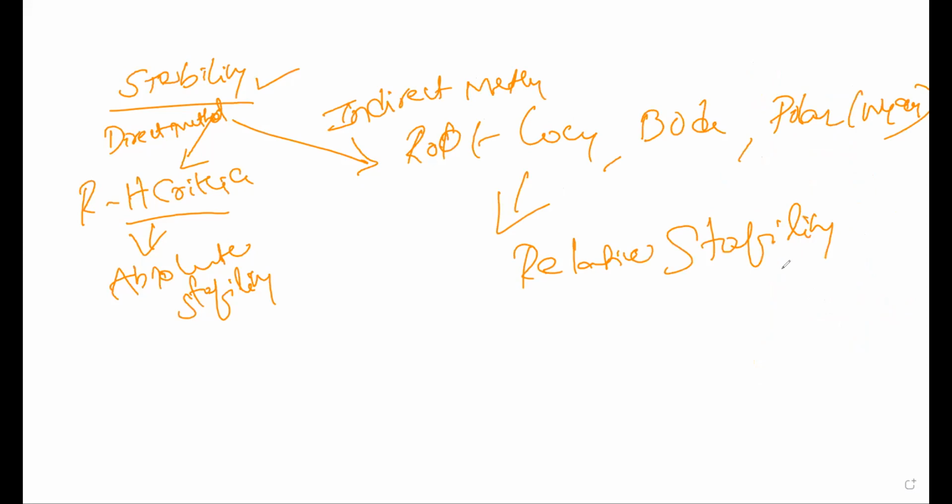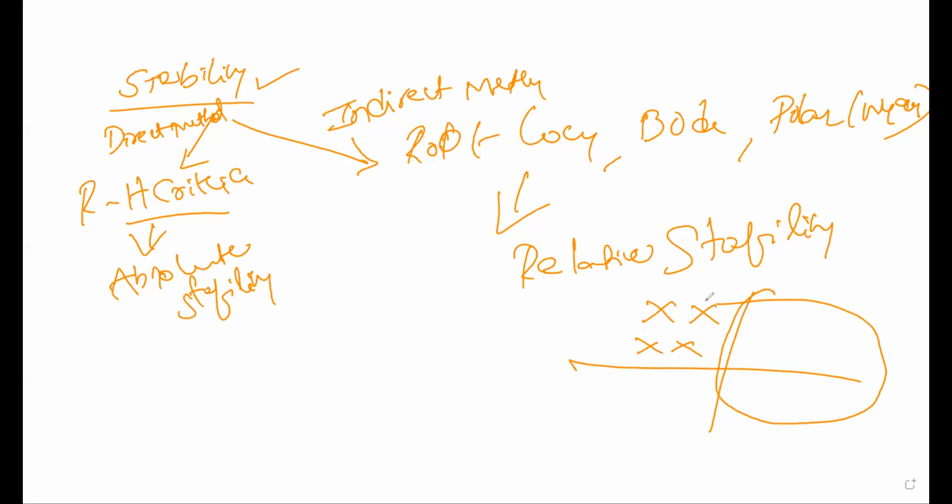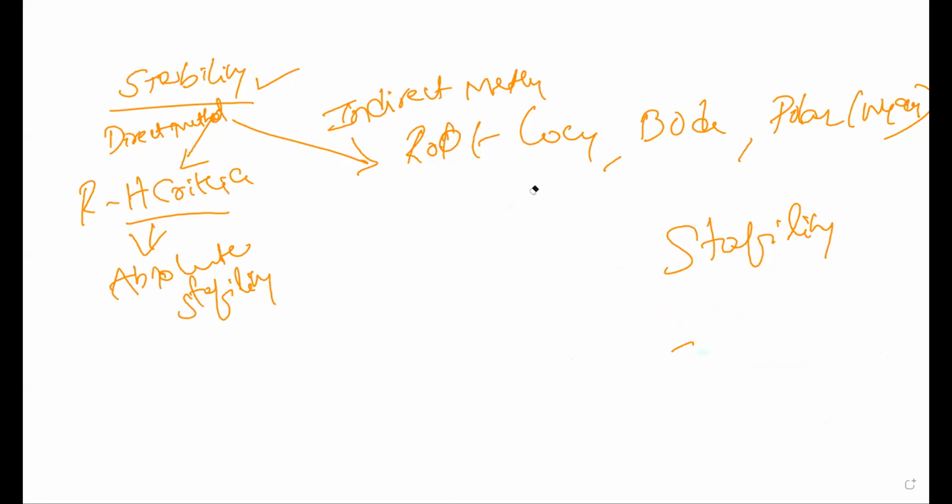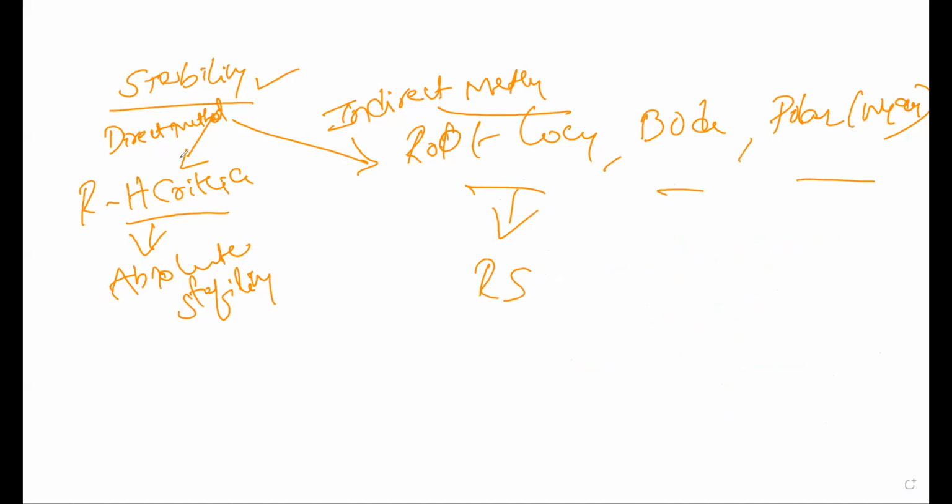We already discussed what relative stability is: how far the poles are located from the instability region on the S-plane. Among all these plots, the best method to find relative stability is root locus. It is an indirect methodology, and the RH criteria is the direct method approach.